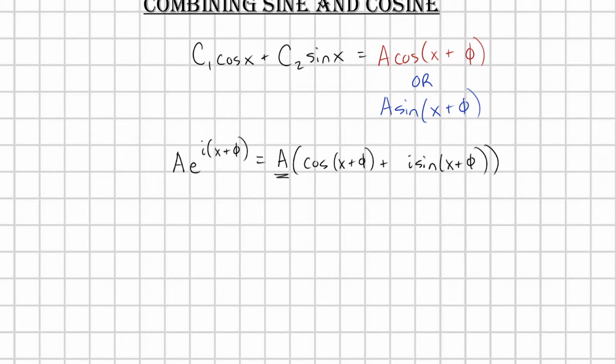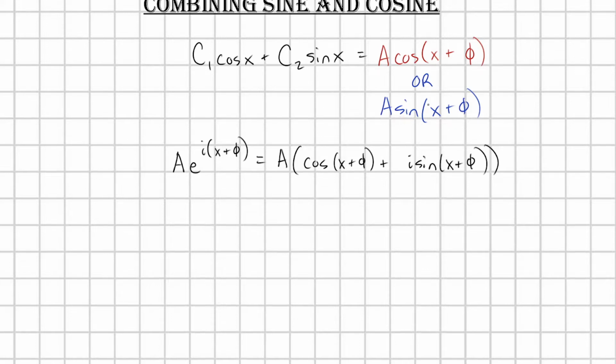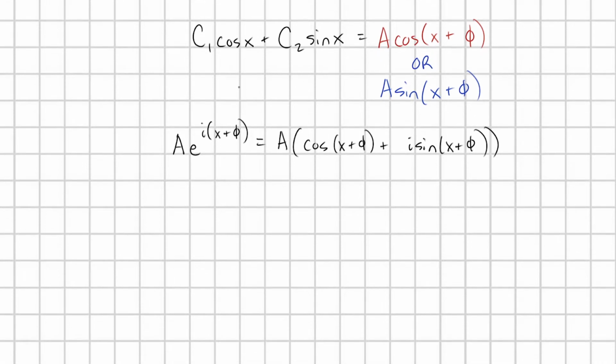And so I can use manipulations in Euler's formula, and then at the end, just take the real part or just take the imaginary part, depending on whether I'm interested in investigating a cosine of x plus phi or a sine of x plus phi. So Euler's formula is going to be really, really useful here.